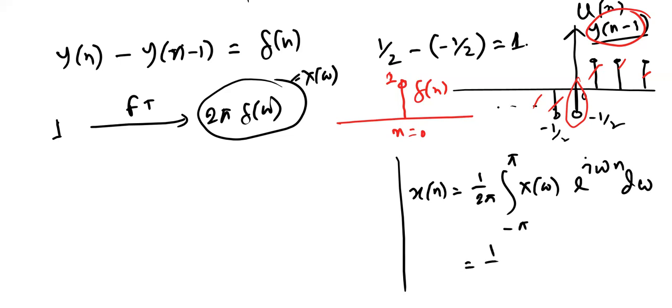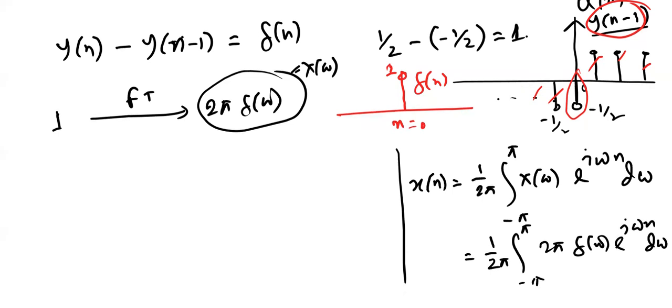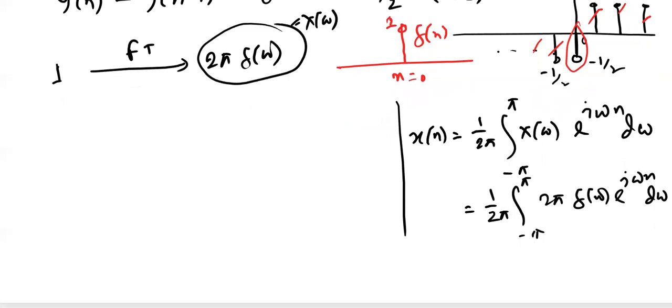The 1 divided by twice pi will remain as it is. X of omega is equal to twice pi delta function, times e to the power j omega n d omega. Again, this is a constant, so you can cancel those.